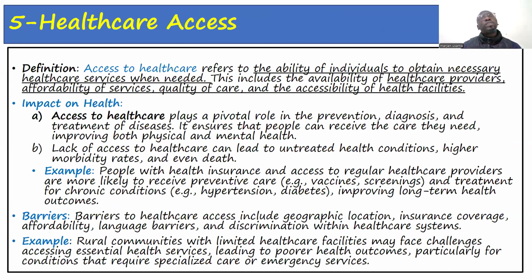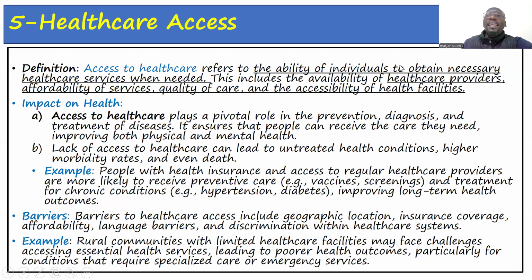Then lastly, there is what is known as health access. So, access to healthcare refers to what? It refers to the ability of individuals to obtain necessary healthcare services when needed. Like anytime you want to go to a hospital, then you can easily go.